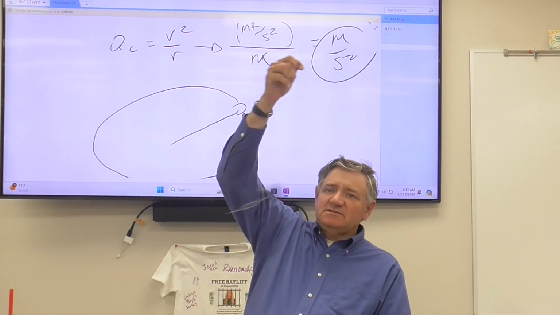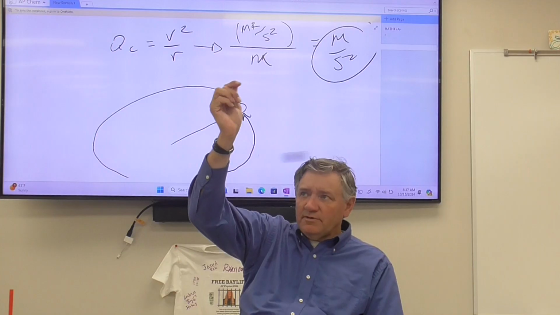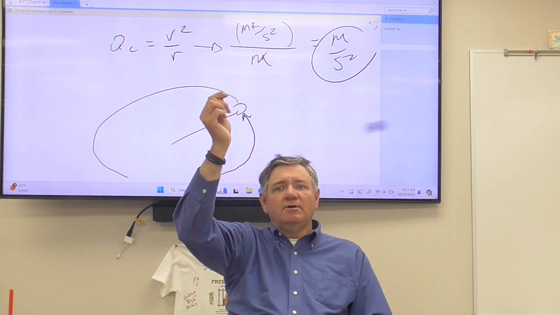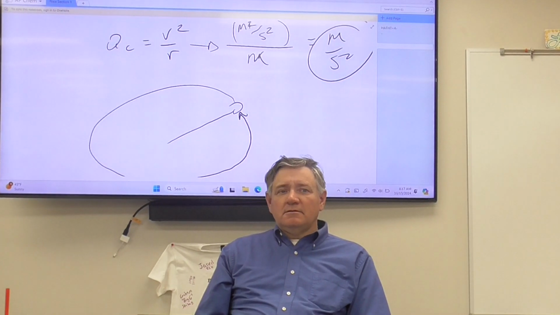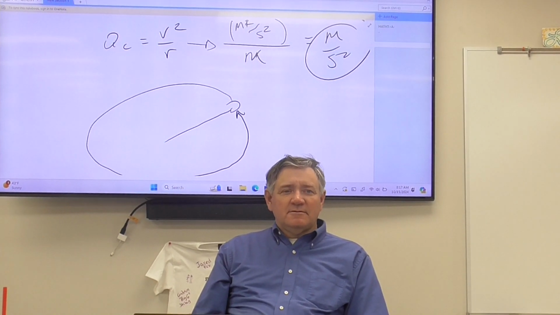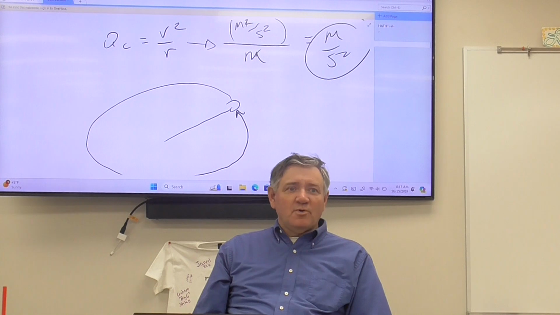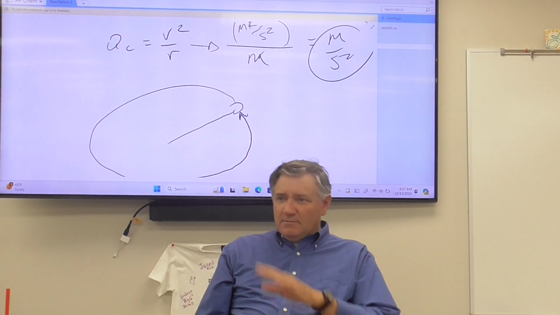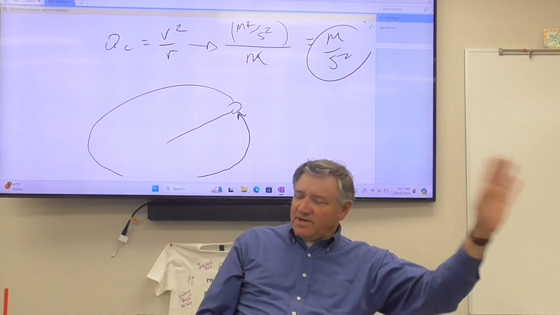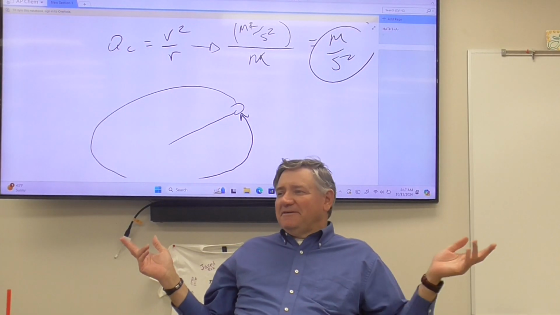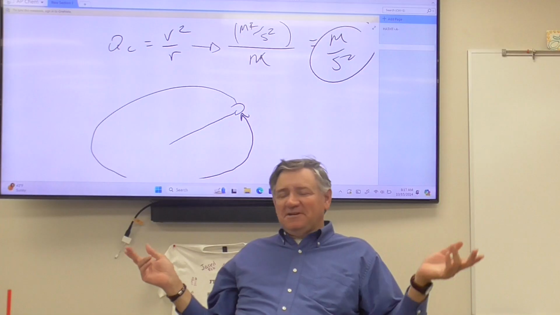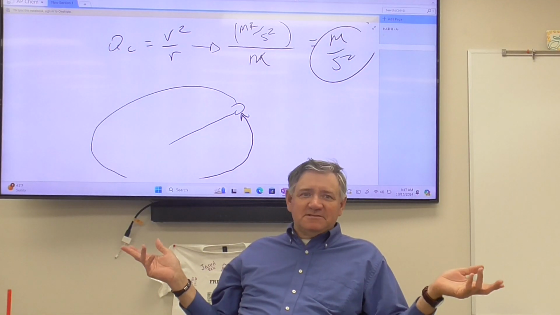So if I spin this thing around and let go of it, what's it going to do? Fly away. Why? There's no more acceleration inward. So it travels in a straight line at a constant speed, because Mother Nature goes, hey, you're not applying a force, I'm not going to play this game.